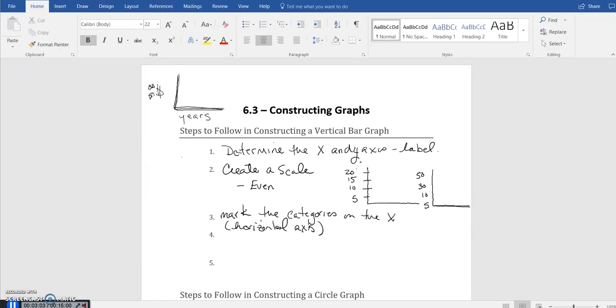Mark those categories on that axis. Okay, and again, remember that could be years, it could be whatever it is that you're trying to make your categories. Okay, then you're going to make sure that you place your vertical bars based on the information given.